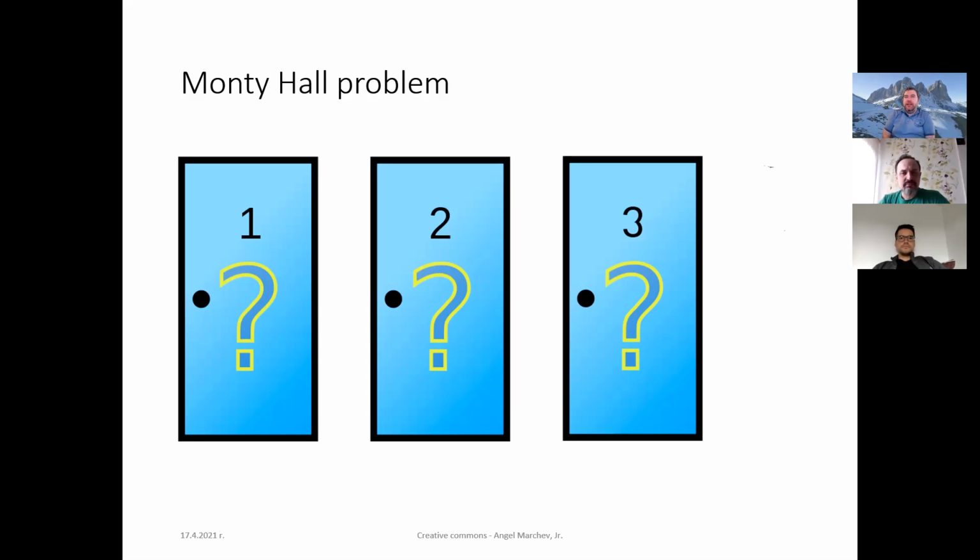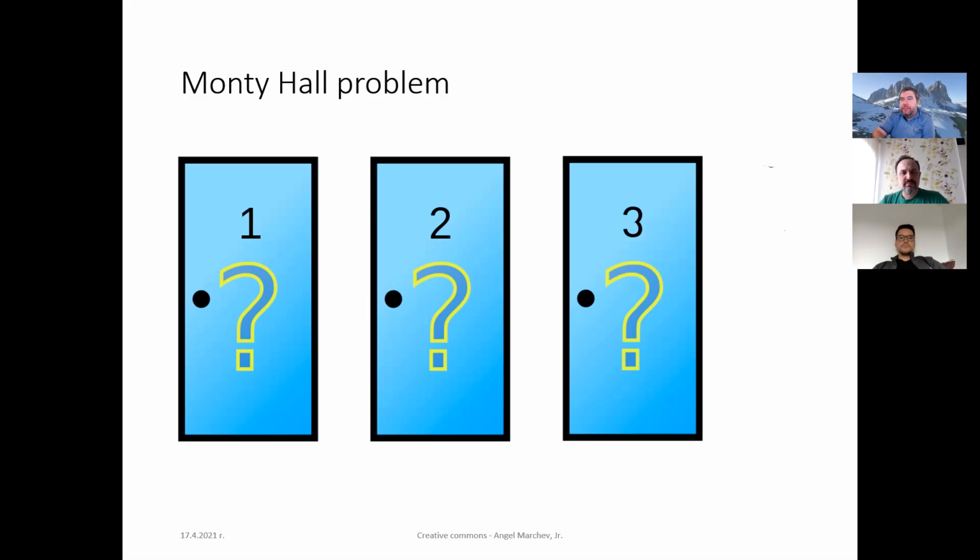They typically put a cutout of a goat, but I rather don't like to say this, because sometimes my students say, "Oh, a goat is still a prize, it's still something." The point is that there is one door with the prize, and the other doors don't have any prize.